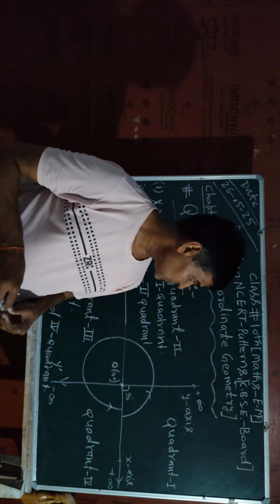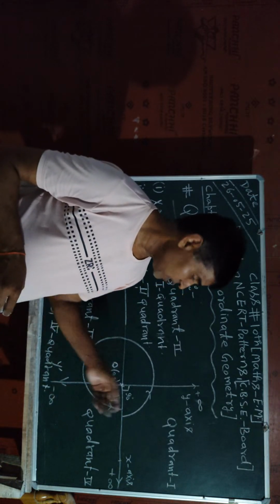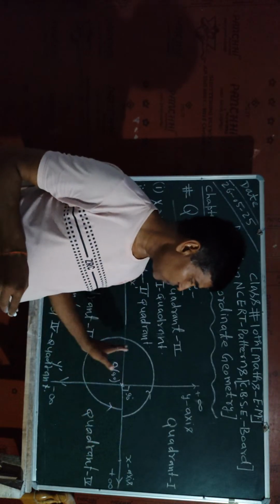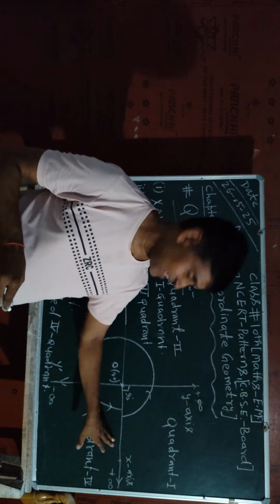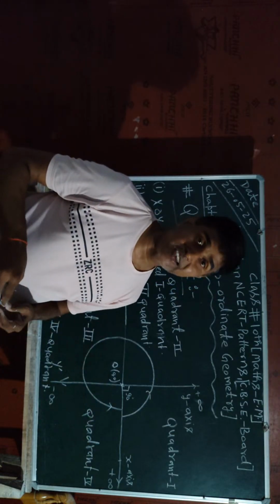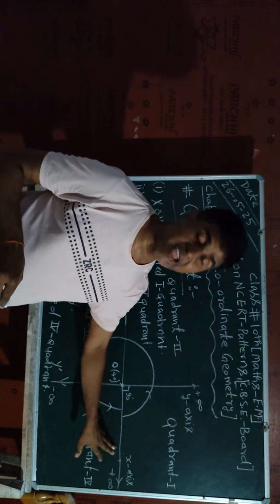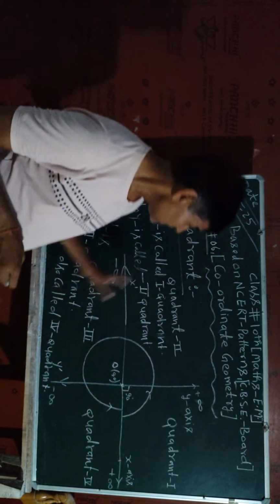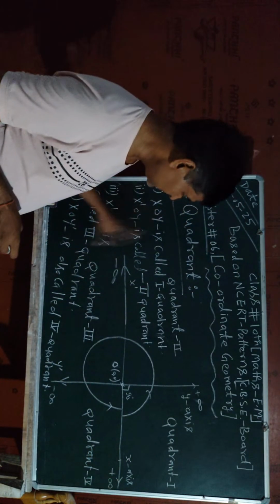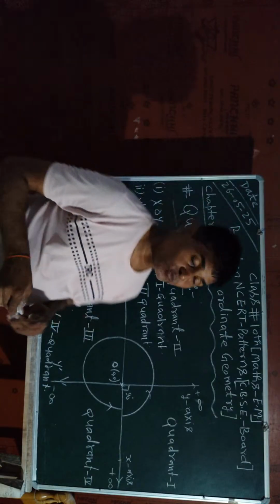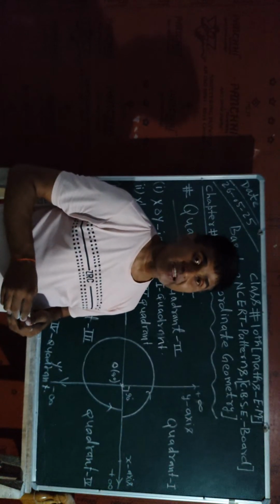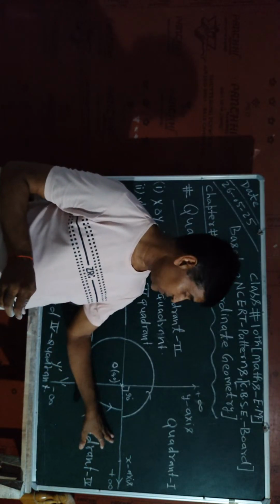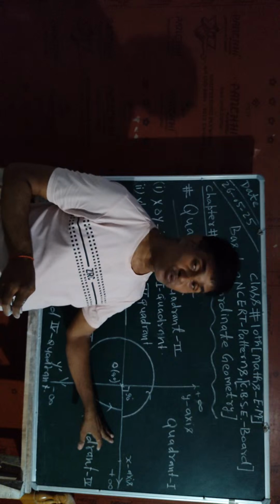Okay, student, now the next information I have to explain. All points which are lying on the x-axis, the coordinates of those points will be of a certain form, and I have to write that information here in detail. This information is very important, because each and every student has to know it.